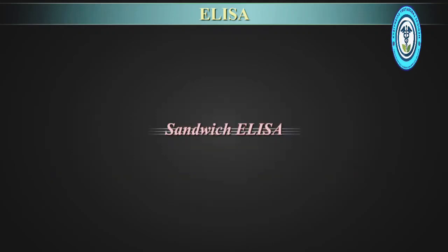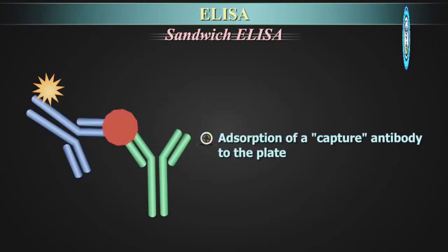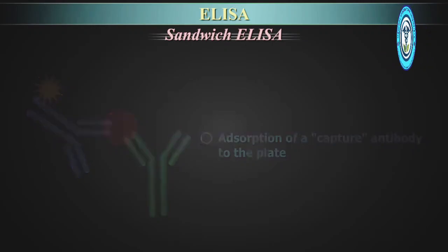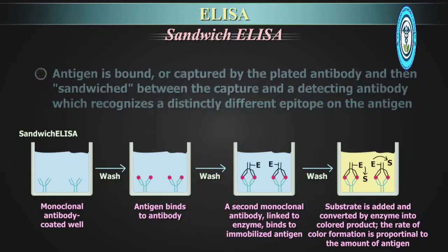Sandwich ELISA. The differentiating feature of a sandwich ELISA is the adsorption of a capture antibody to the plate. Antigen is bound or captured by the plated antibody and then sandwiched between the capture and a detection antibody, which recognizes a distinctly different epitope on the antigen.